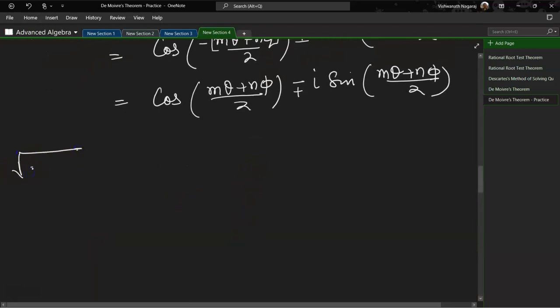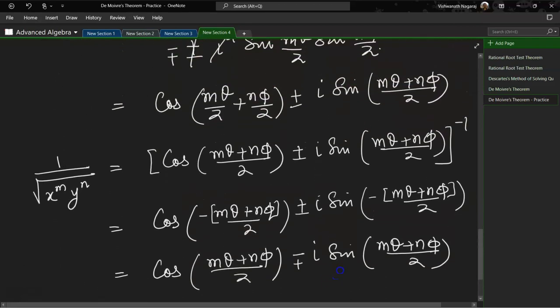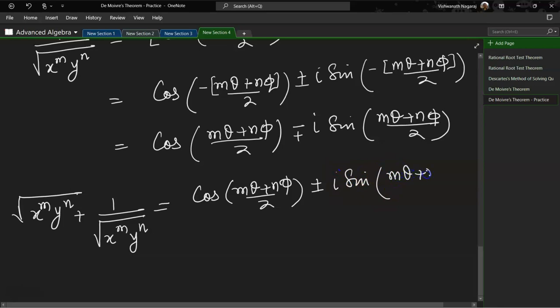Square root of x to the power of m y to the power of n plus 1 by square root of x to the power of m, not plus, y to the power of n. This will be equal to, we just add up the right hand sides. So we have cos (m theta plus n phi) by 2 plus or minus i sin (m theta plus n phi) by 2.